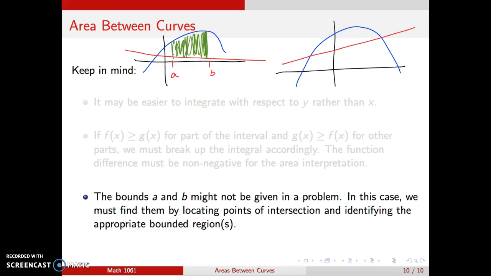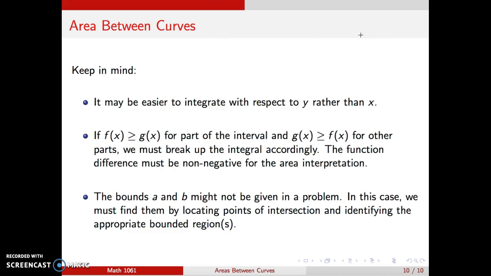So you have to figure out what the intersection points are. That's going to tell you what a and b are, and then you integrate. So it could be given, or you might have to find it. If it's not given, you find it by seeing where these graphs intersect, where the functions are equal.